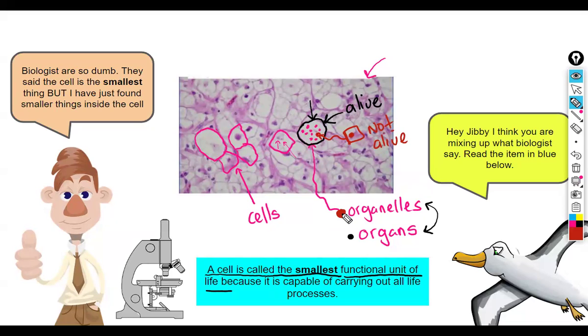One organelle cannot do all 7 things. An organelle might be able to do 2 out of the 7 or 1 out of the 7, but it cannot do all 7.